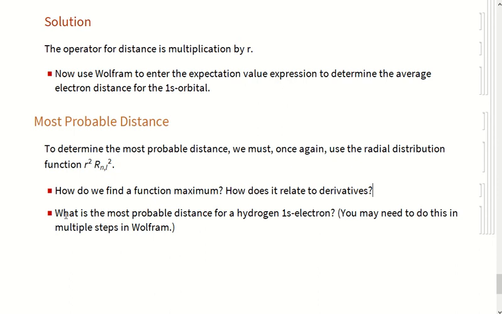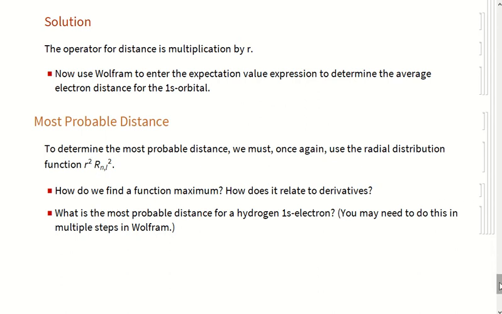You can do this in Wolfram Alpha, or the Wolfram Cloud. You may find it's easier to do it in multiple steps rather than all at once. But I'm going to leave that as a mystery for now, so you can try to figure this out for yourself. We'll come back to this later when you've had a chance to work on it and see if you can come up with an answer.